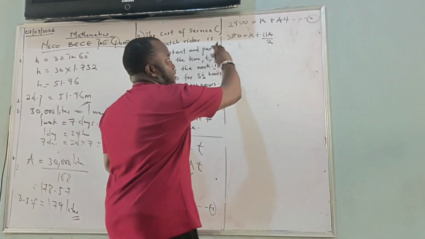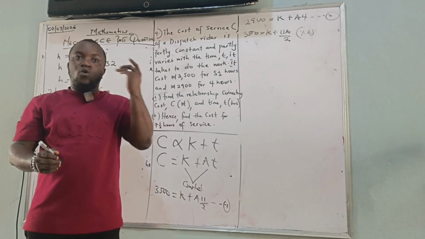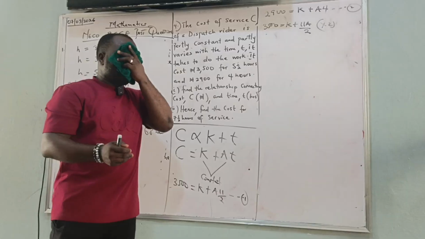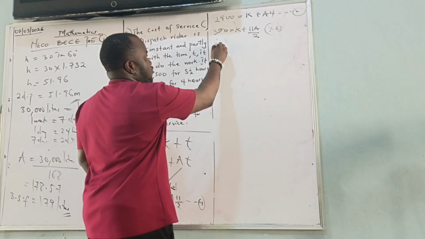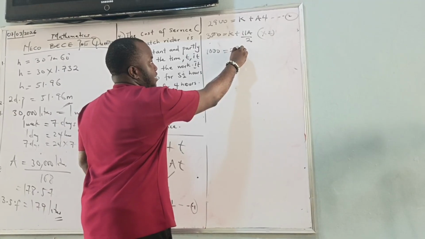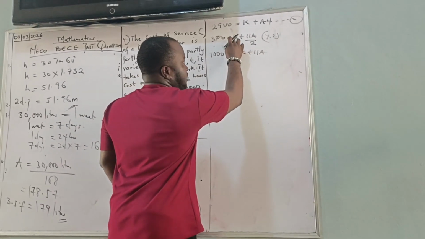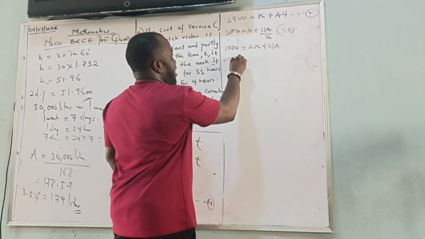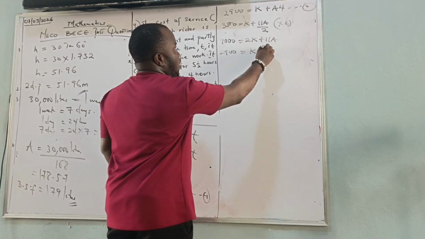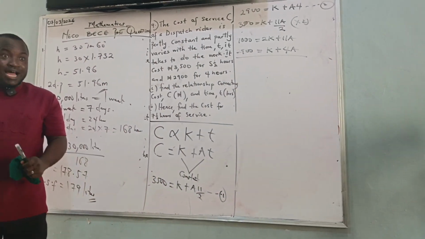So I multiply everything by 2. 3,500 times 2 is 7,000 equals 2k plus 11a. Now I've changed equation 1 to be linear. Equation 2 is 2,900 equals k plus 4a. Now I have two linear equations.